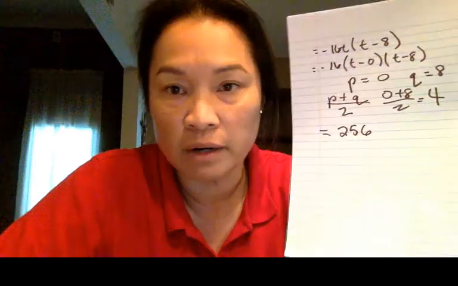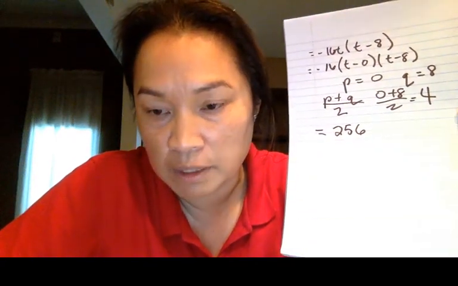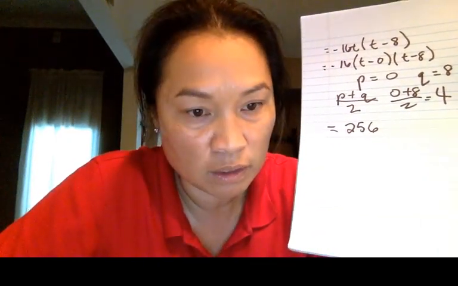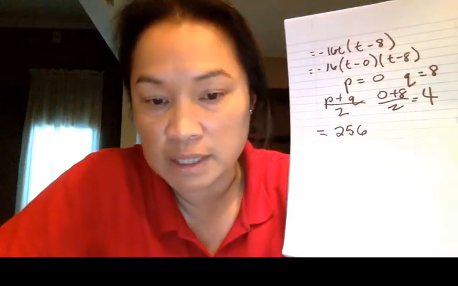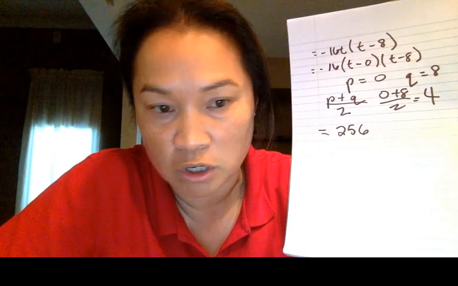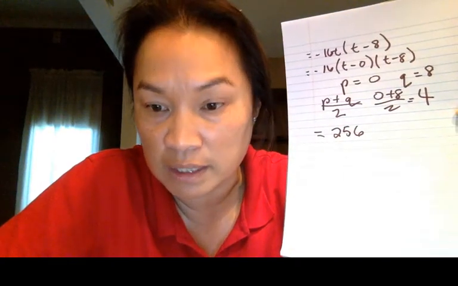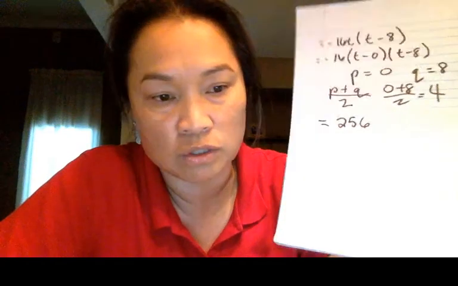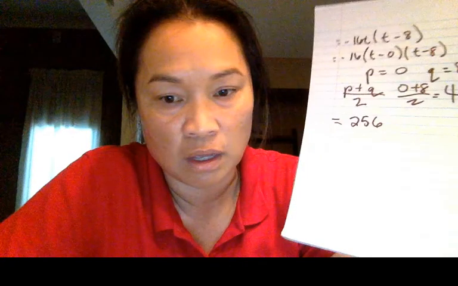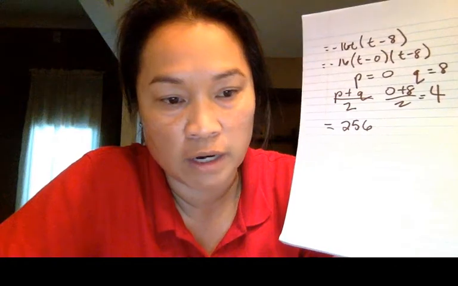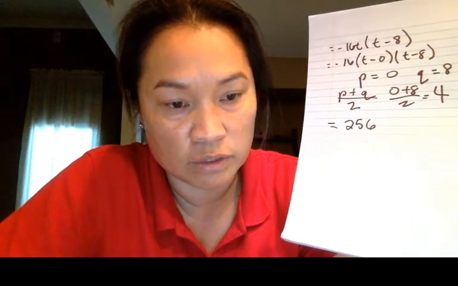Now let's compare that. I'm going to go back to the book. I'm going to compare that to the second flare, which is the picture on the side. The second flare is showing you that, I think it says 196 is the highest, and this one is 256. So the answer is going to be the first flare that goes higher.